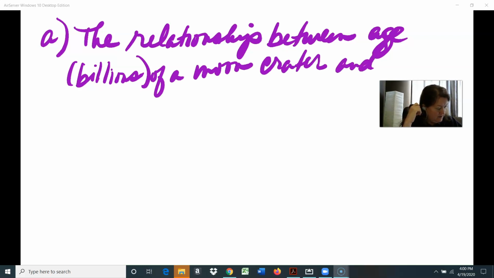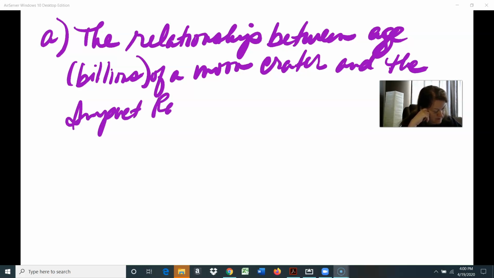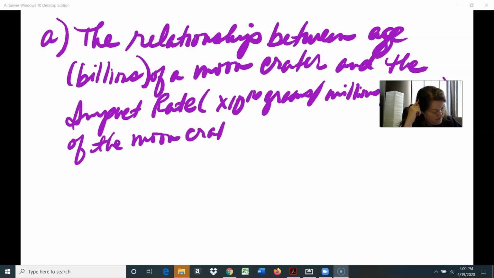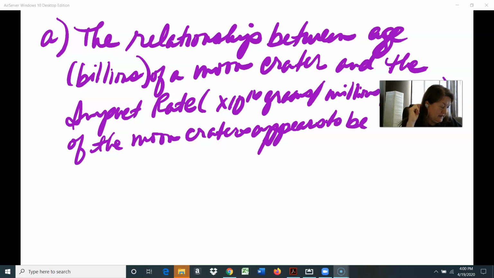And the impact rate, that is done in 10 to the 16th grams per millions of years, of the moon craters appears to be negative. And what does negative mean?